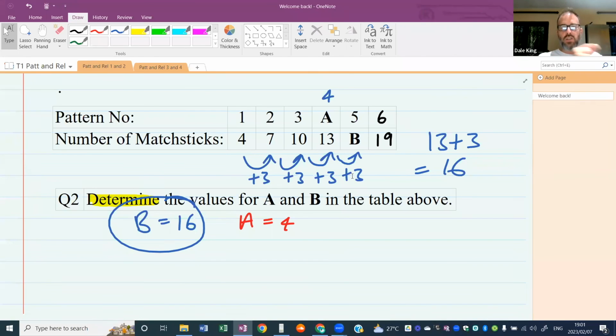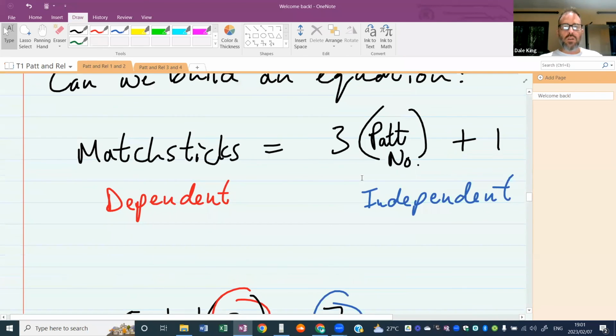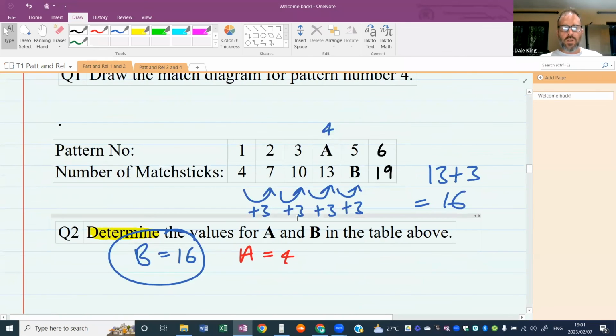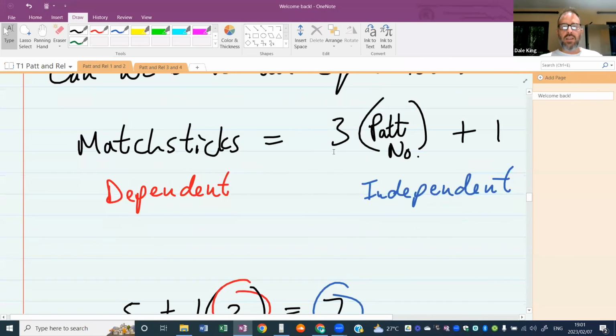It's the same value over and over again that it is increasing by. And that will affect the rule. So if this change up here was plus 4, plus 4, plus 4, plus 4, then we would put a 4 down here in the equation in front of the brackets where it says pattern number. Okay, so that constant change, the value that it's increasing by every single time, goes in front of this bracket here. Okay.